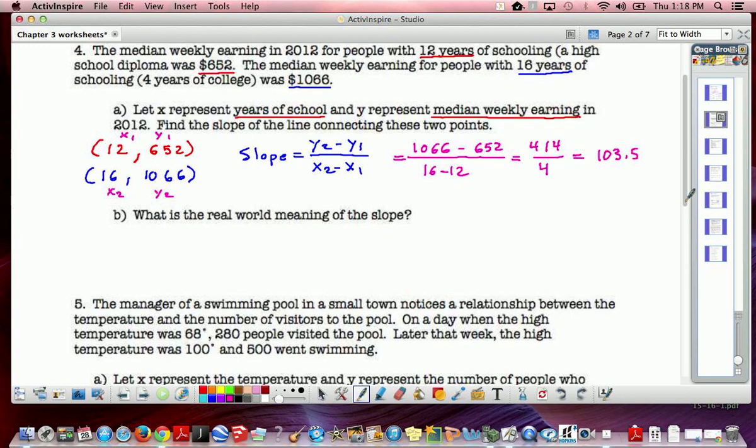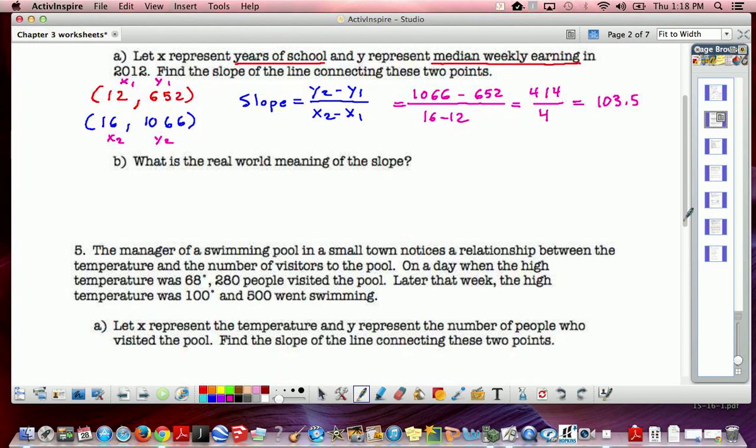So then in question B, you're asked, what is the real world meaning of this slope? So remember, we're taking a look at the change in Y, so the change in the median weekly earnings over the change in X, years in school. So what this number does is it simplifies it down for when we have an increase of one X value, what does the Y value do?